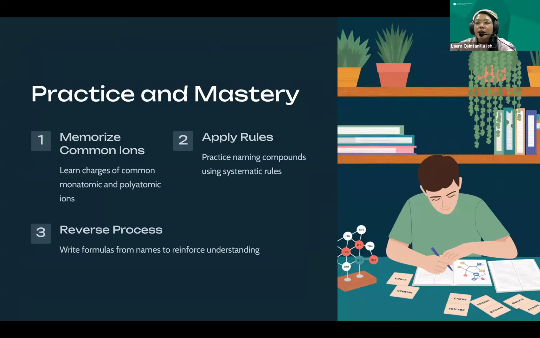Practice writing the compound formula as well as the name and going back and forth between them so you can get used to doing them both ways. And just that first step is always, is it ionic, is it covalent, or is it an acid? Because those three will change how you're going to apply the rules to naming and writing formulas.